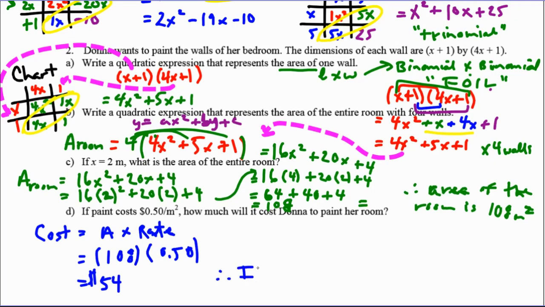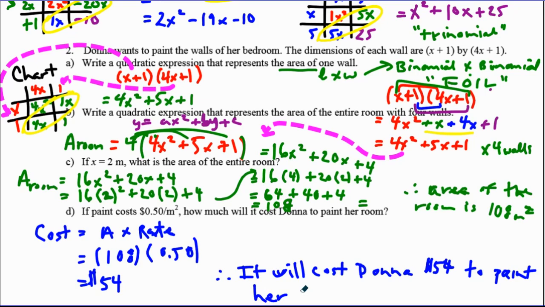Therefore, it will cost $54 to paint her room. There we go. All right, so that should do it.